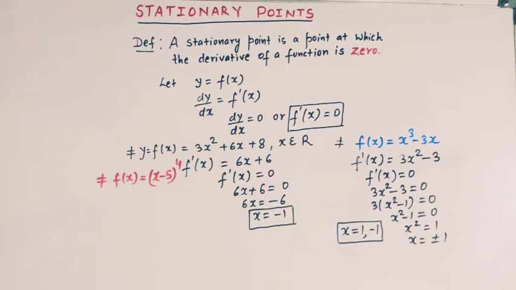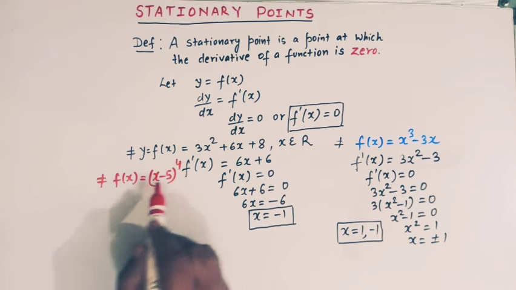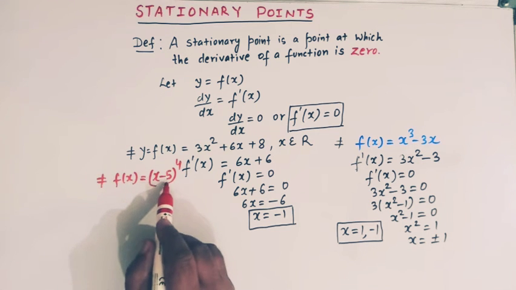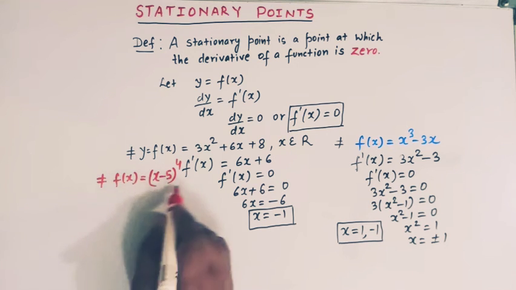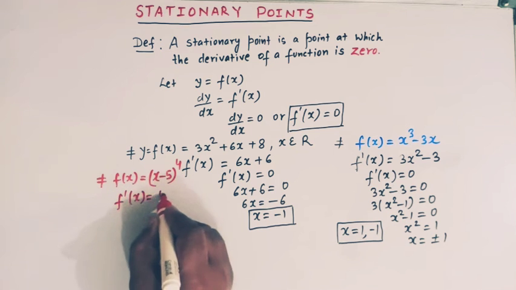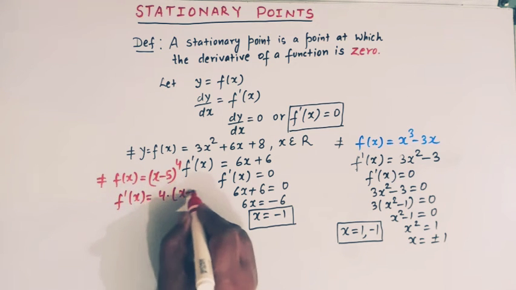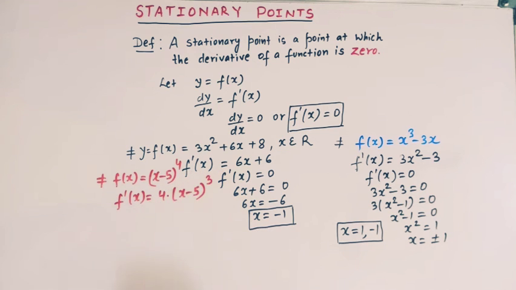Now let us take one more problem. Here we are given this function f of x is equal to x minus 5 raised to 4. Now let us differentiate it. So f prime of x is equal to 4 times x minus 5 raised to 3, right?